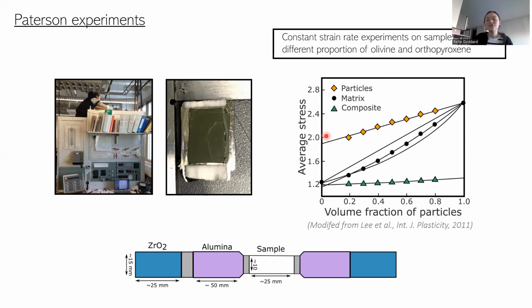And then in orange, you can see their particles, which we would equate to orthopyroxene, which is our strong mineral, and their composite, which is what we would equate to olivine. So this is the idea of how these stresses average out to give you that black, or the bulk stress, based on various different models. And we want to test the theoretical models that currently exist for this stress partitioning to get a better idea of how we apply subgrain-size piezometry to natural rocks.